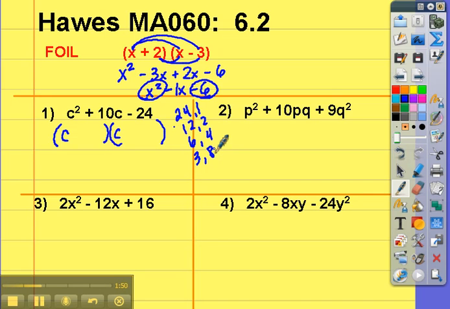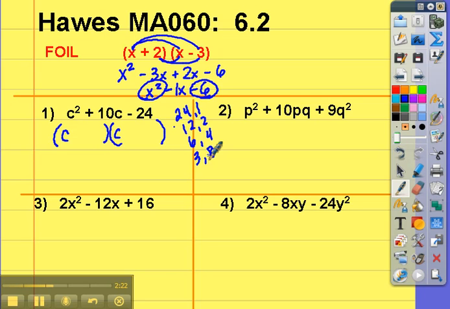Now, as long as this coefficient is 1 in front of our first term, it's a little bit easier because you're just looking at these factors of 24. One's going to have to be positive and one's going to have to be negative so that I get a negative 24 when I multiply. Then I'm going to combine them to get that middle term, so I'm looking for some that will have a difference of this 10.